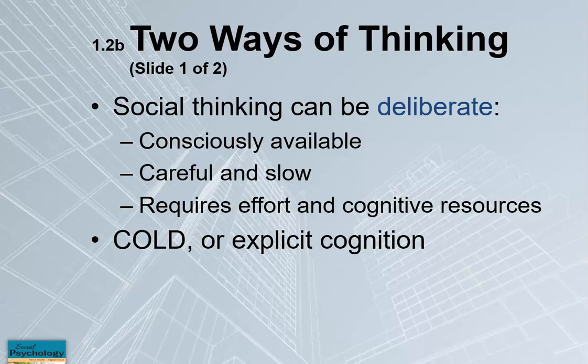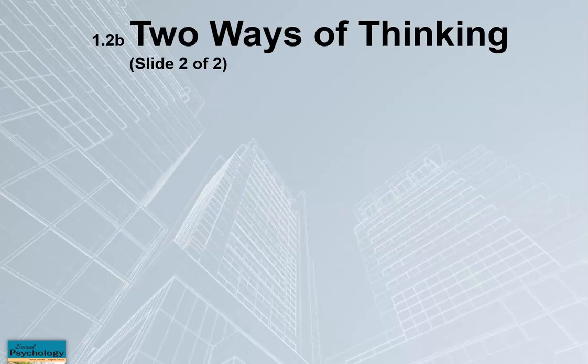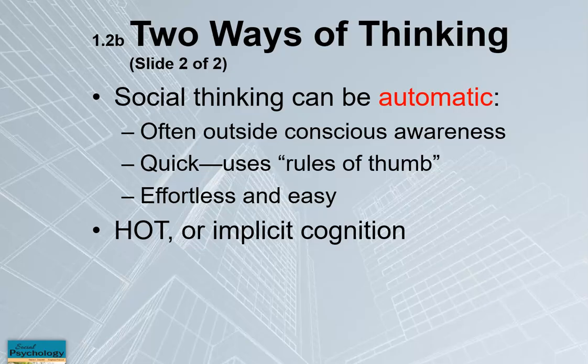It requires effort and cognitive resources. But social thinking can also be automatic. That means it happens automatically. We don't choose to engage in that type of thinking.